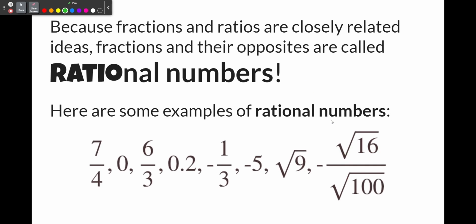Well, 16 is a perfect square. This is going to be equal to -4 over 100. So this is actually -1/25. But again, it is a fraction, so it is going to be a rational number. Now, notice these are perfect squares. It has to be a perfect square for it to be a rational number.